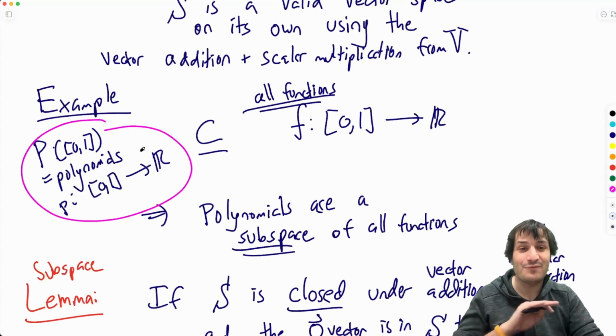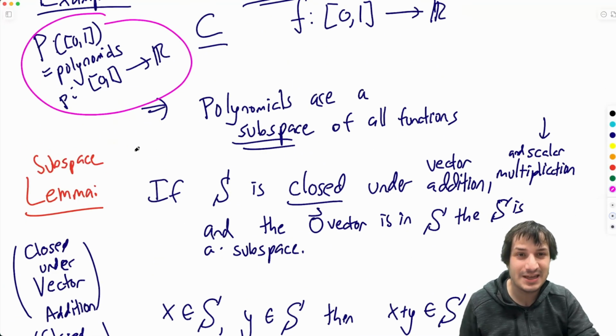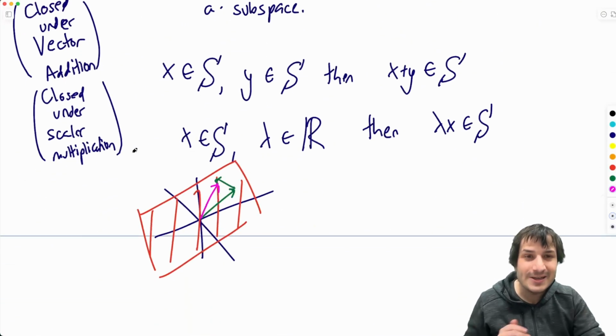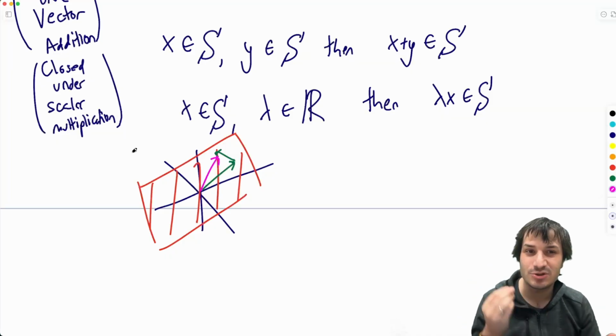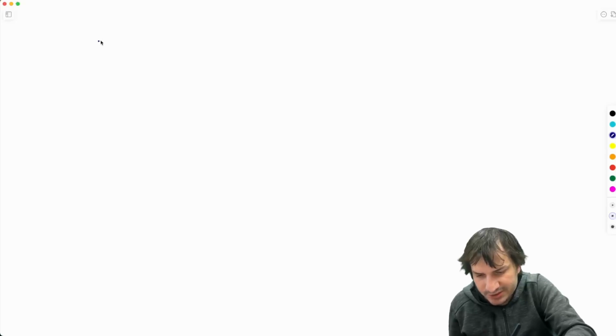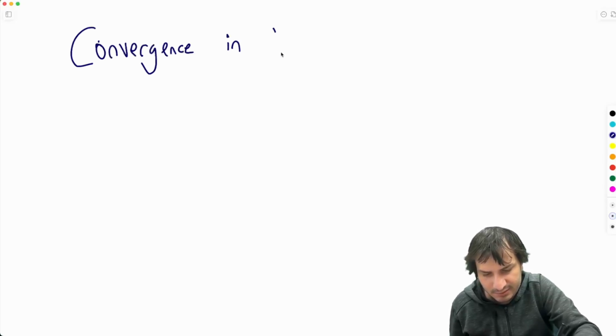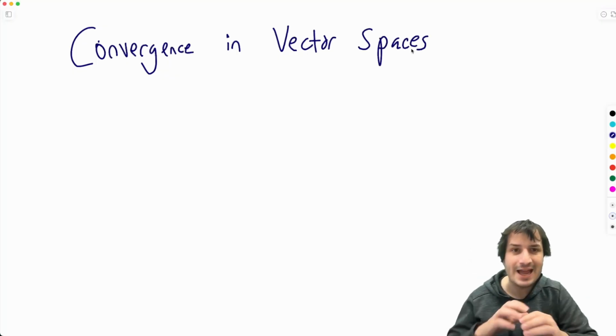Okay, that is it for the very basics of what is a vector space and what is a subspace, with some very nice first examples. The other thing that we're going to need in this course is not just a vector space, but a vector space with a little bit of extra structure so that we can talk about limits, so convergence in vector spaces. By this I mean we're going to have sequences of vectors.